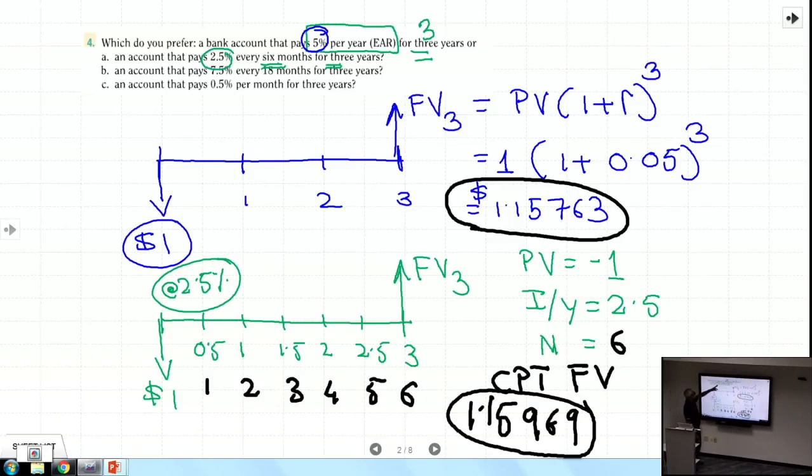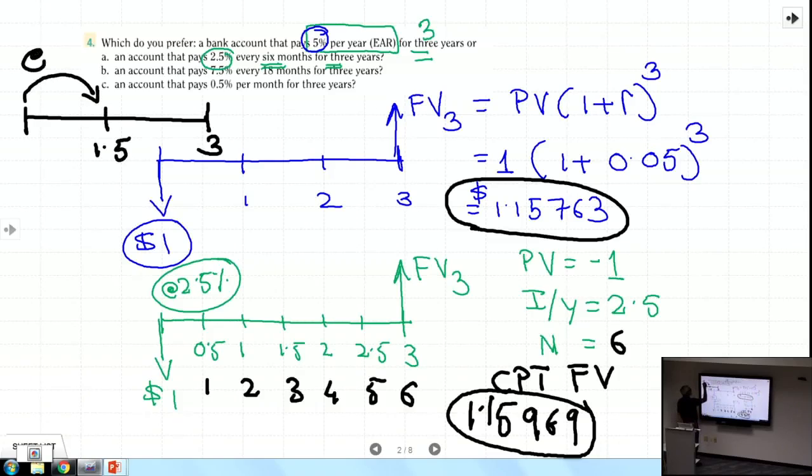Similarly, you could do part B, an account that pays 7.5% every 18 months. That means your timeline is 3 years, but interest is being paid every 1.5 years, and the interest rate over that 1.5 years is 7.5%.